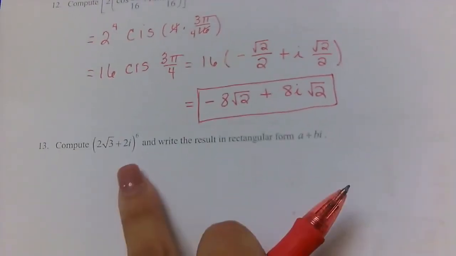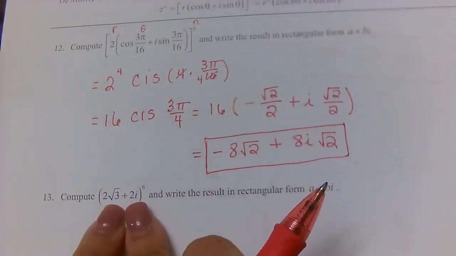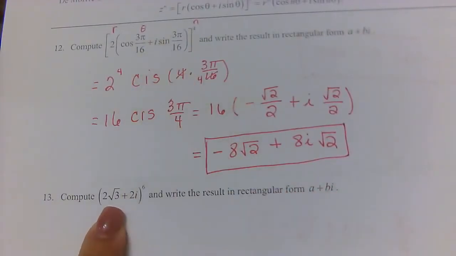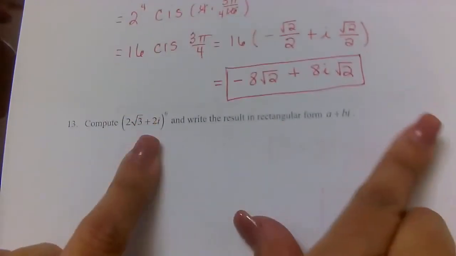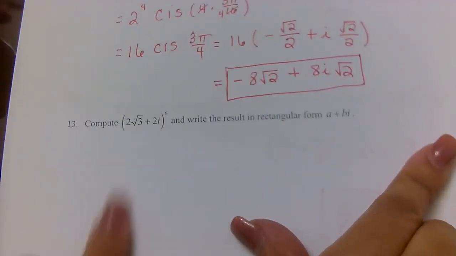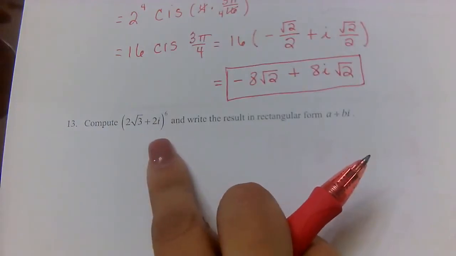Number 13, the difference here between these two problems is this is in rectangular form, this is in polar form. In order for us to use this theorem, it needs to be in polar form. So the first thing I'm going to do is change this to polar form, and I need to find what my r is and what my theta is.